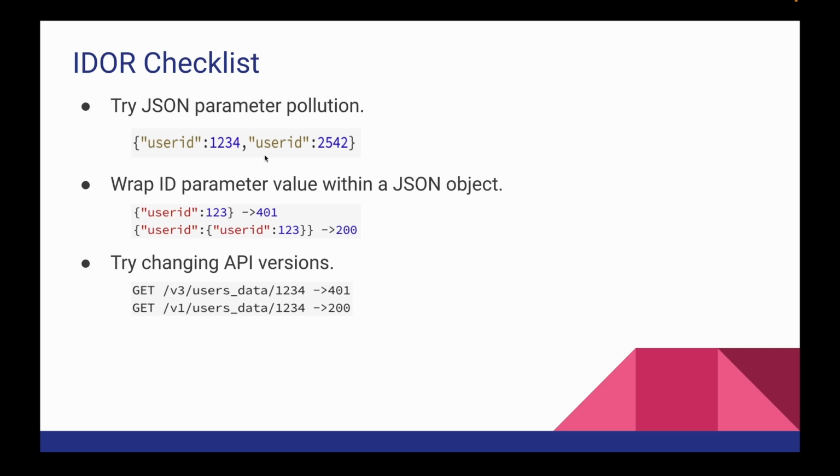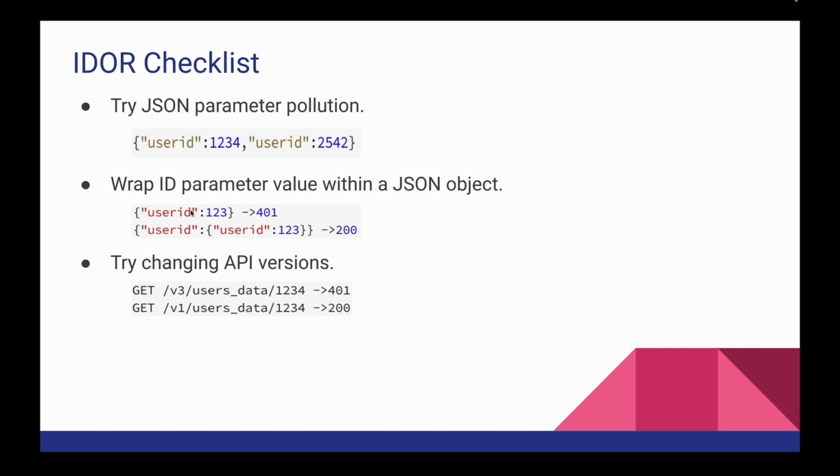So try using JSON parameter pollution. Try to insert dual parameters in the JSON request body, and you might get the victim's information instead of your information. You can also bypass the authorization check by using dual parameters in a JSON request body, and wrap the ID parameter value within a JSON object.